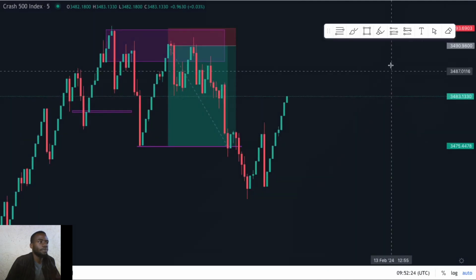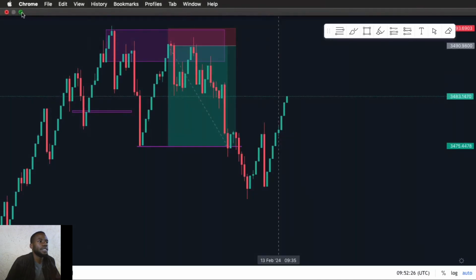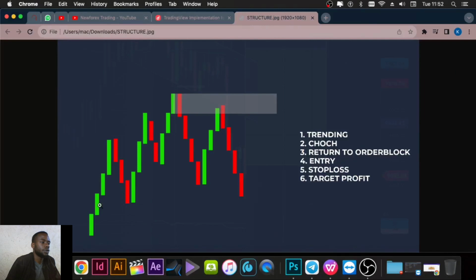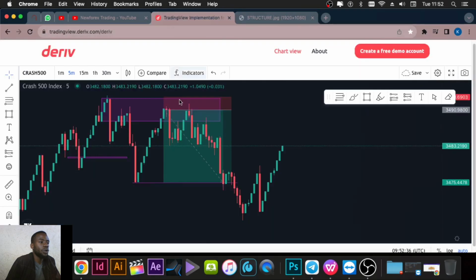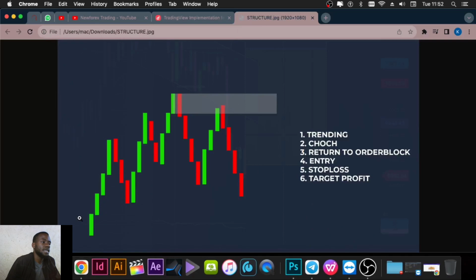So always remember how we trade our structure. Firstly, you have to be in a trending market, and then you break a previous higher low, going into a downtrend, and then you mark out your order block, you enter on the order block edge or at the midpoint.